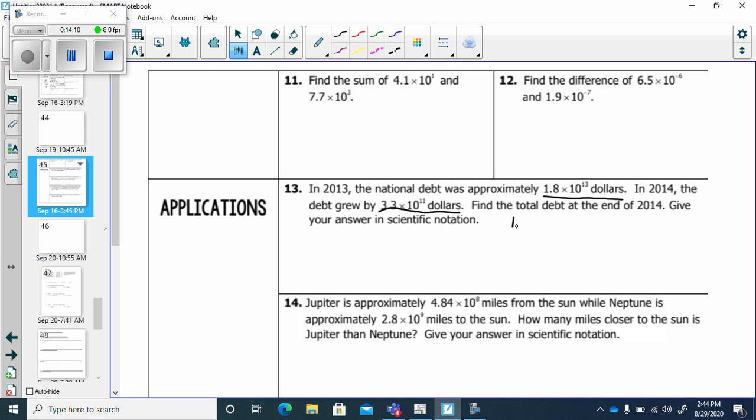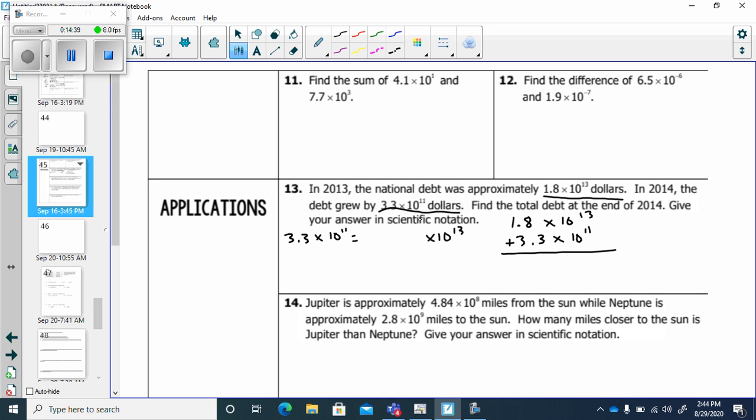So what we're doing is adding 1.8 times 10 to the 13th plus 3.3 times 10 to the 11th. We need to convert this small one, 3.3 times 10 to the 11th, to something times 10 to the 13th.